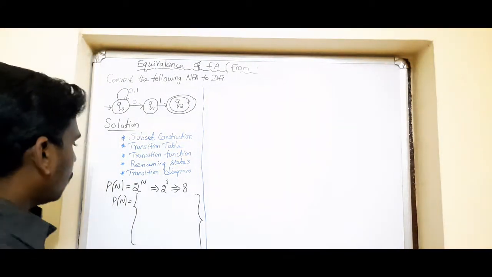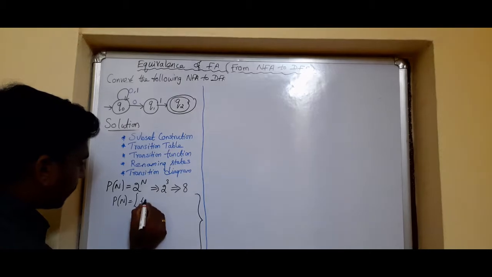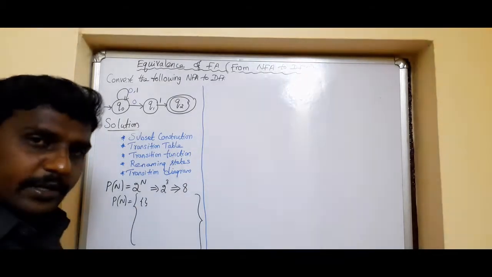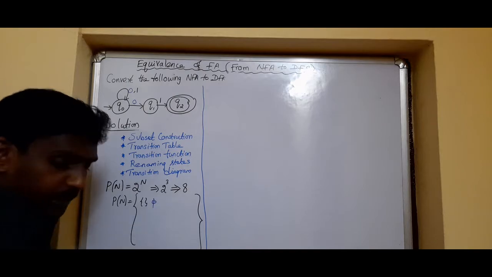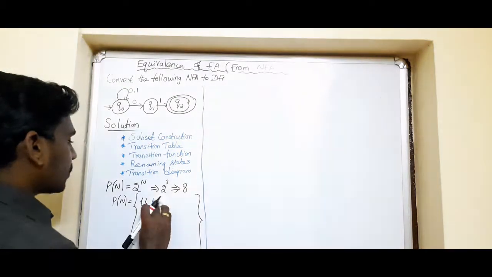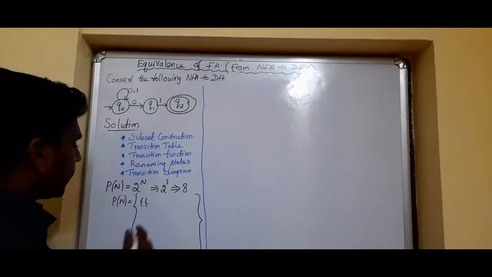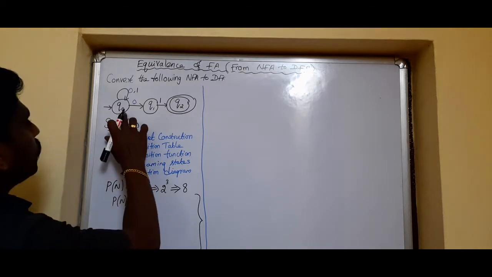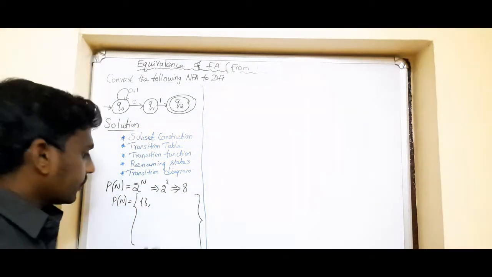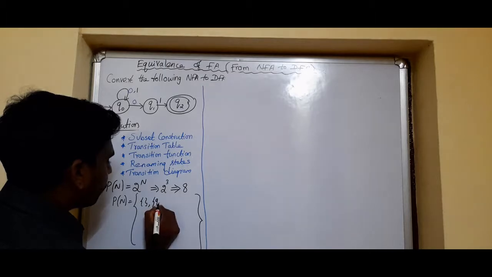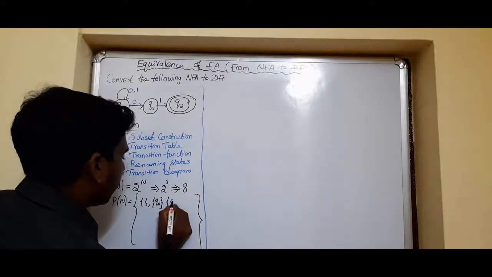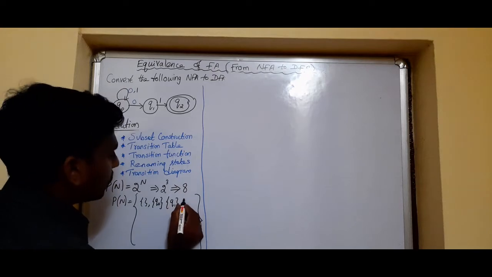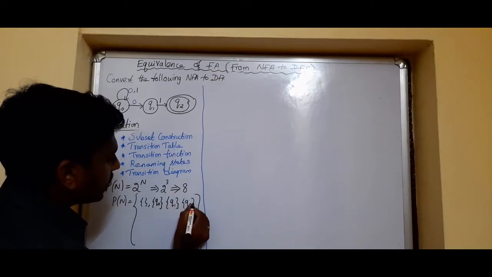First one is the empty set. I can mark it like this, or I can mark it as phi. Second one is Q0 alone as one set. Q1 alone is one set. Similarly, Q2 alone is one set.